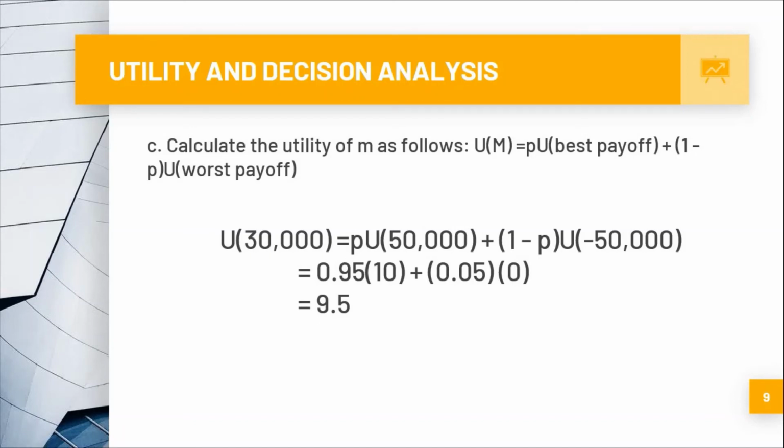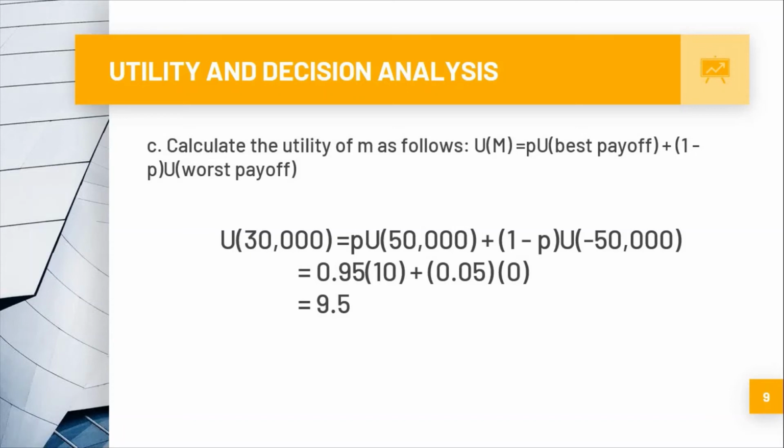The best payoff is $50,000 and the worst payoff is negative $50,000. As we said earlier, P equals 0.95, the utility of the best payoff equals 10, and the utility of the worst payoff equals 0. Now you just have to perform the given operations to come up with a sum of 9.5.